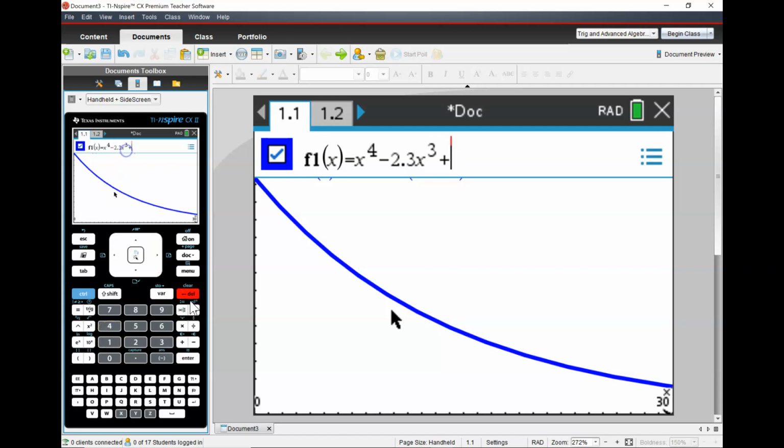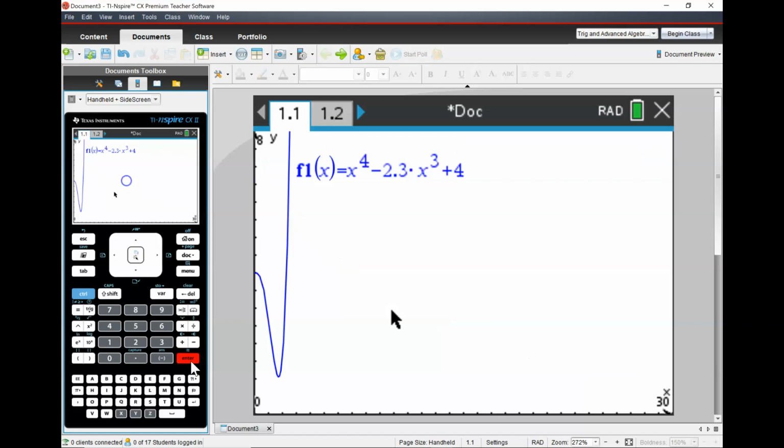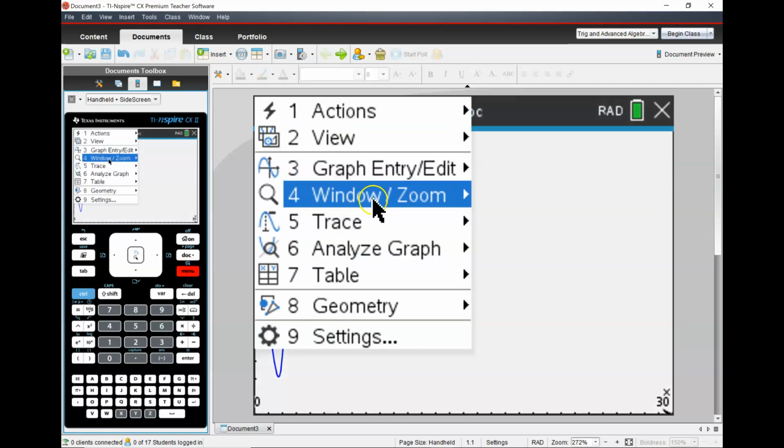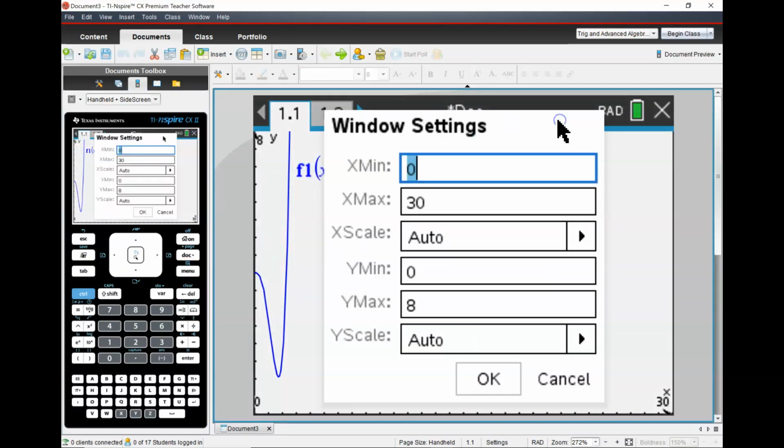How do you unstore something? Okay, so let's go to menu and let's go to Window Zoom, Window settings.